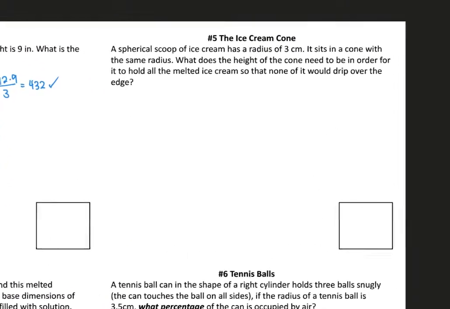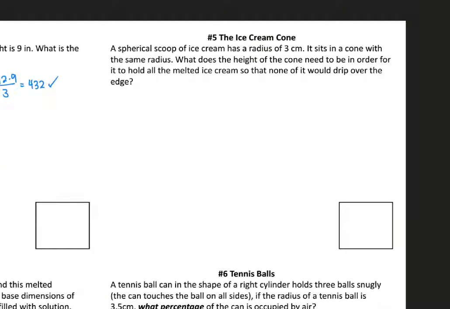All right, next problem, the ice cream cone. It says a spherical scoop of ice cream has a radius of 3 centimeters. So we're going to start with a spherical scoop of ice cream. And that ice cream, like I said, has a radius of 3 centimeters. And it's going to sit in a cone with the same radius.